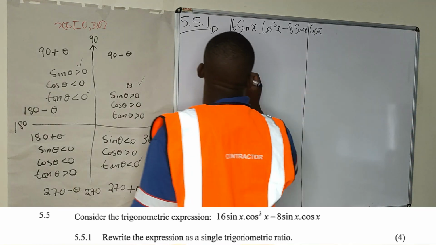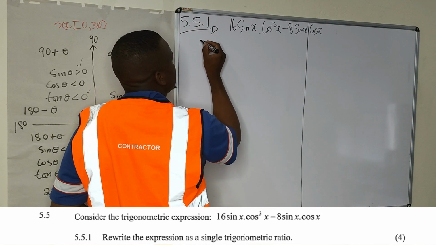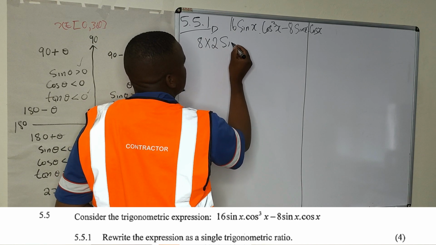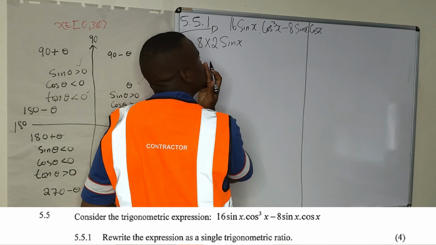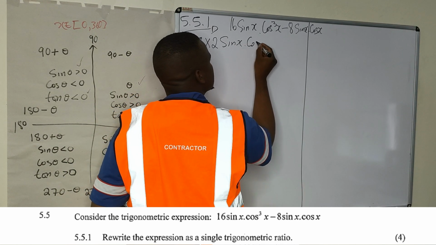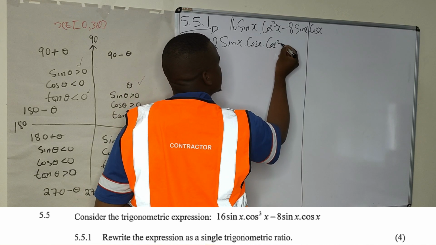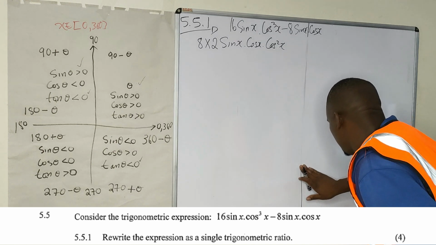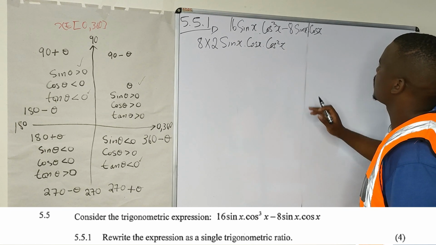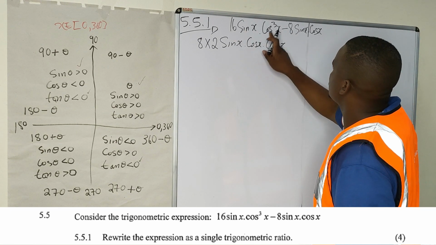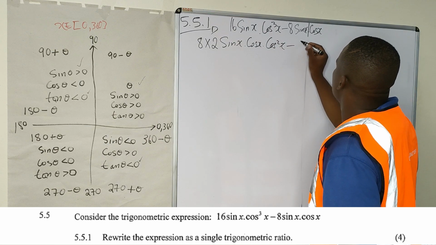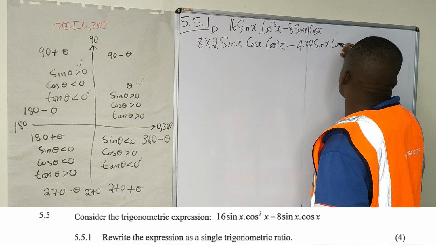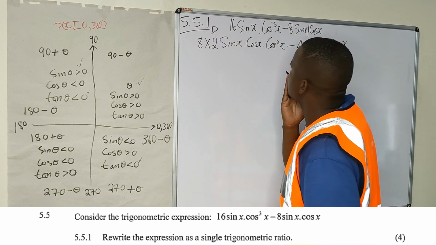We can say, here we have 8 times 2, which is 16, sine x, right, times cos x, times cos squared x. Let me remove this line, so it's not going to give us problems. This, minus 4 times 2 sine x cos x, right?